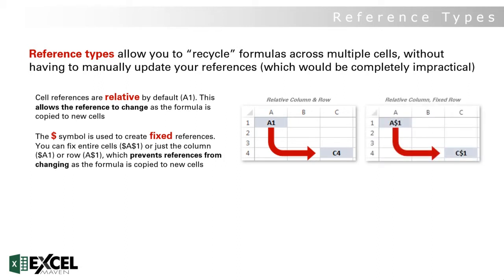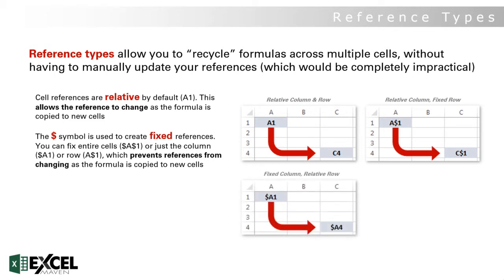Now consider a relative column and a fixed row. In this case, the A remains relative, but we've added a $ to fix or lock in the row reference. Now, if that reference were to move down to cell C4, note that the A is still allowed to shift from A to C, but the 1 remains locked in place no matter where that formula lives.